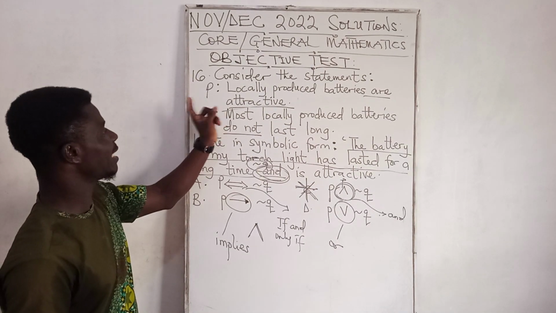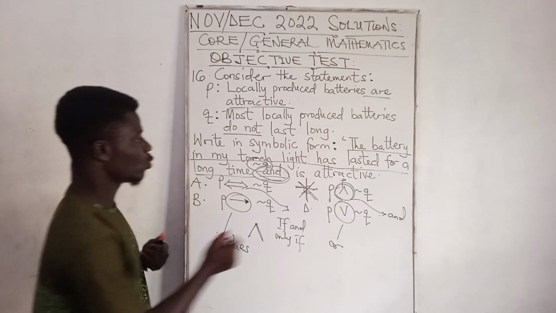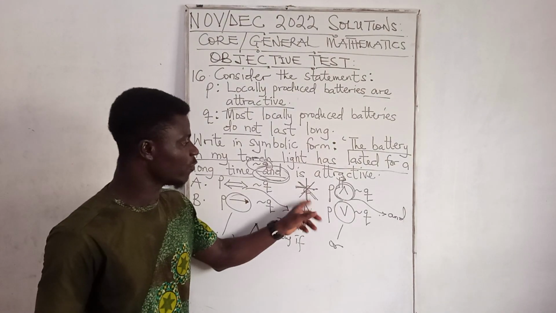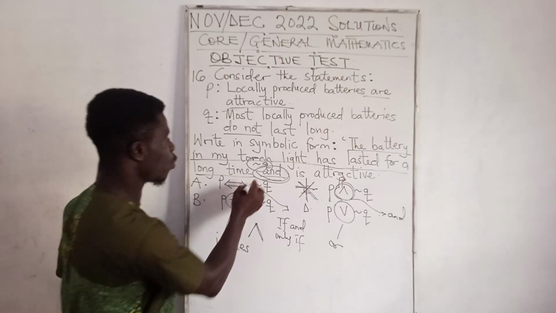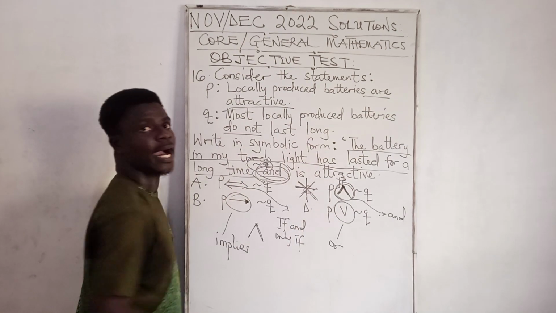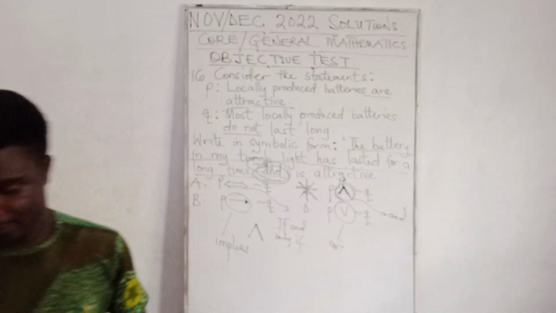So this P is the same thing as that. So there is no negation of P. It's the same thing as P. So we go in for option C, because the symbol for and is this guy.